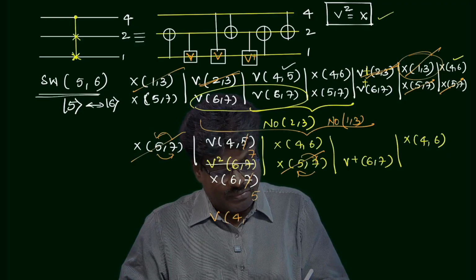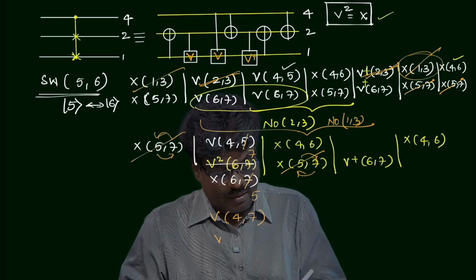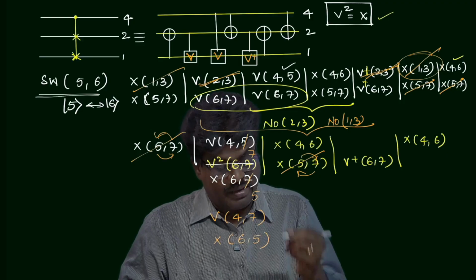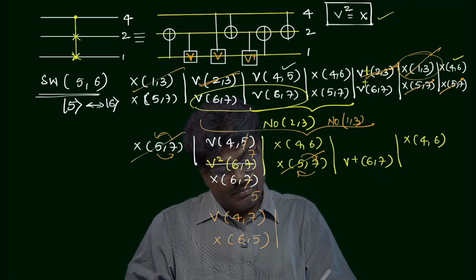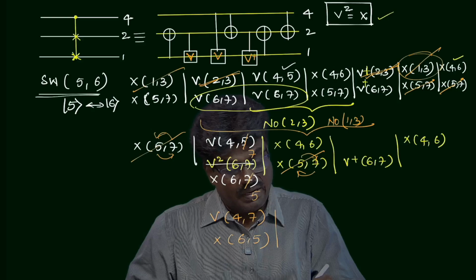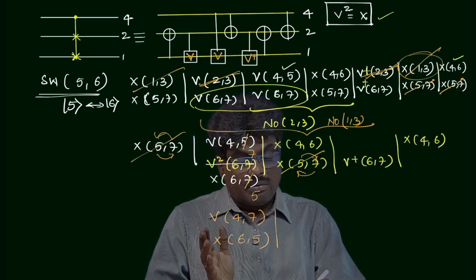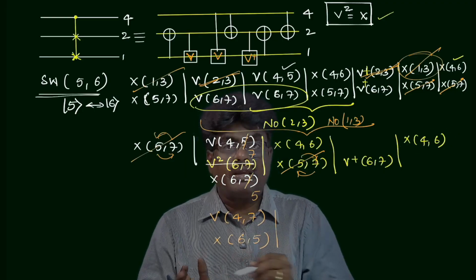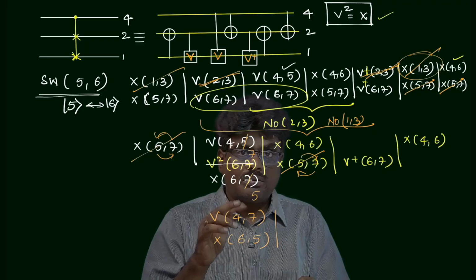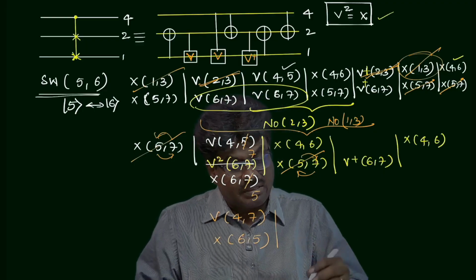V of 4 comma 7, sorry, x of 6 comma 5. Next, what is the remaining? Still we have one more, this here. Here we have 4 comma 6 and 4 comma 6. So that's why 4th row, 6th row interchange and 4th column and 6th column interchange.